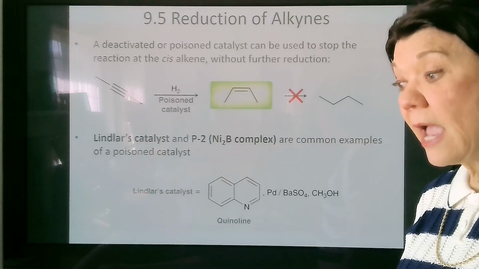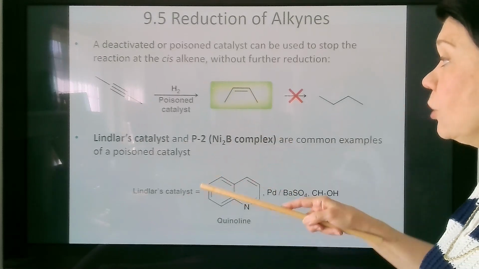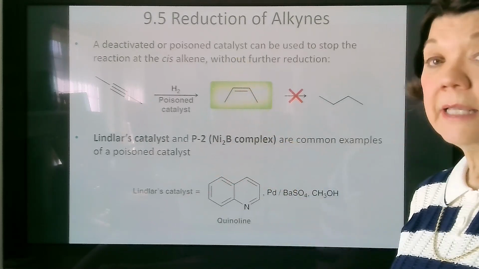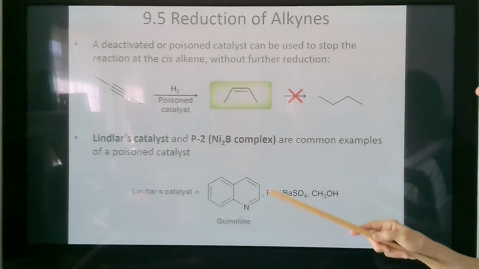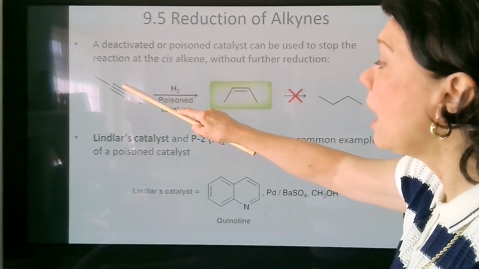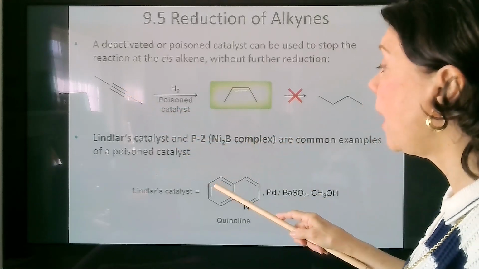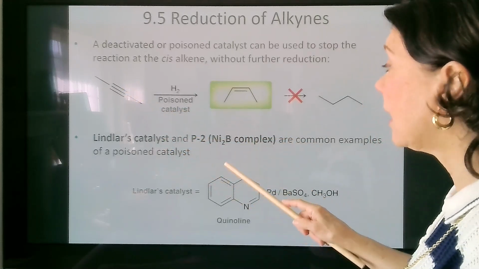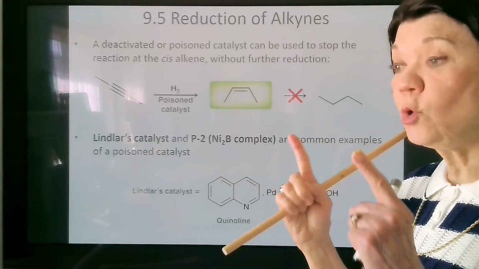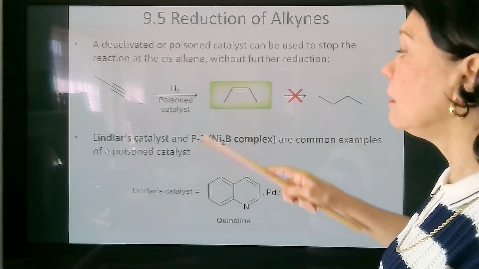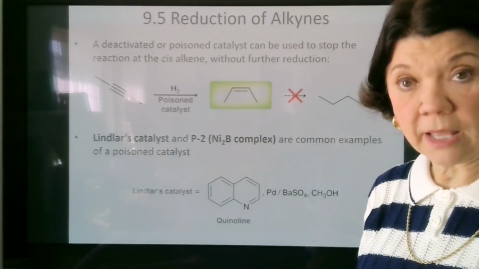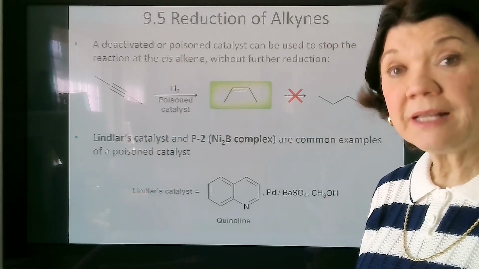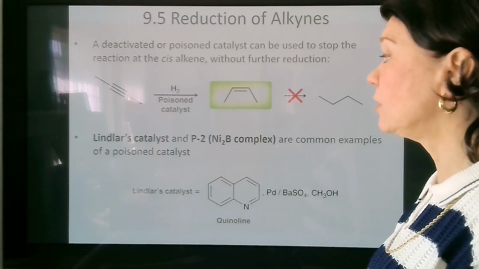Now, some of these reactions will give the cis alkene, like this one, because the H2 and the pi bond both become complexed to the catalyst, and so the H2 adds to the pi bond while they're both complexed. And so it is a syn addition to give you the cis product.